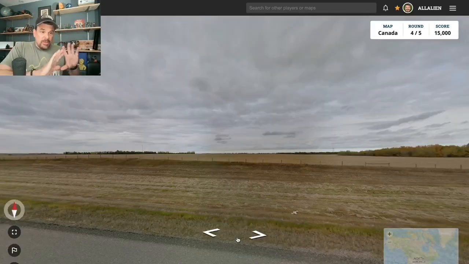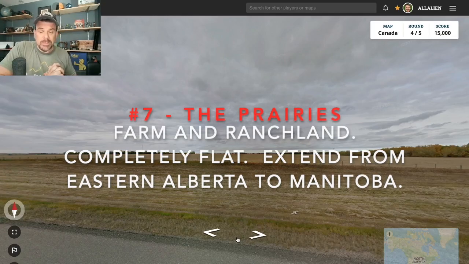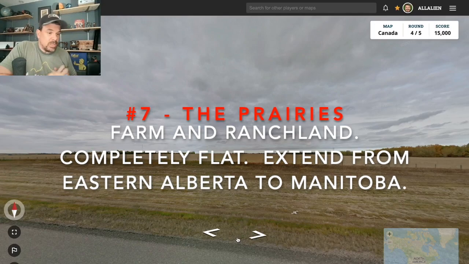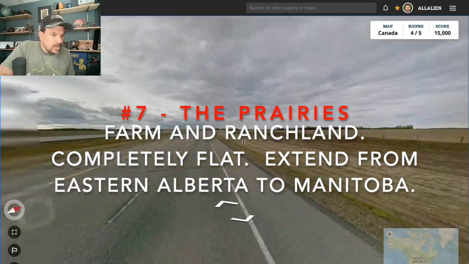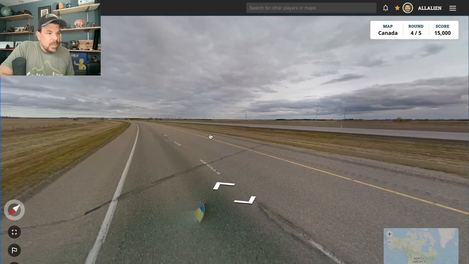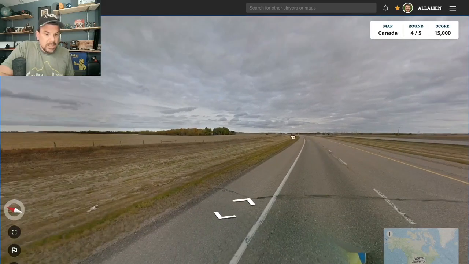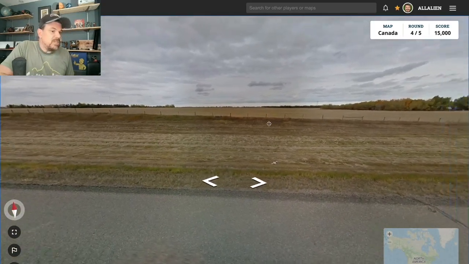Okay, without even looking around, this feels very prairies, which includes western Manitoba, almost all of Saskatchewan, Alberta, and the fact that there's not a mountain to be seen certainly helps reinforce that. So this highway is running east-west.